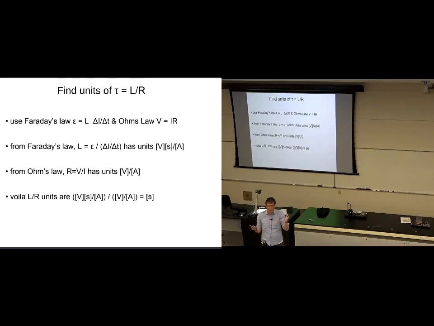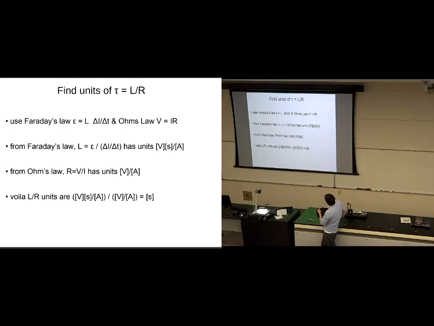It's just like the question, why on earth could the time constant of a resistor capacitor circuit, which involves capacitance and resistance, that time constant RC, have units of time? Well, here's the answer to why L over R has units of time. There's a similar answer to why the time constant for a resistor capacitor circuit has units of time. And I just figured it out here.